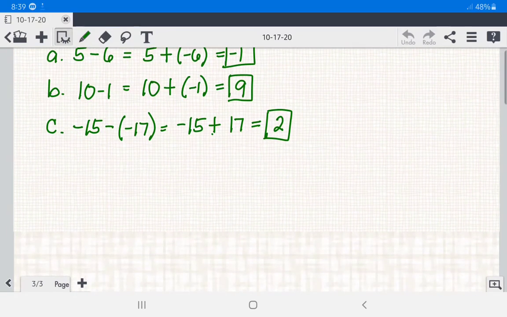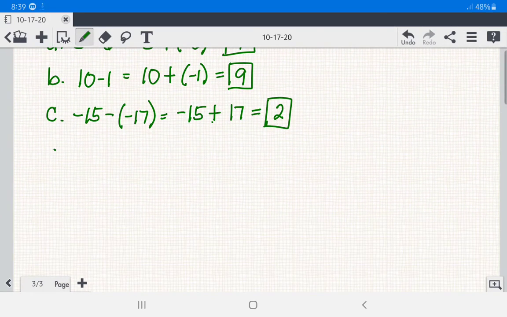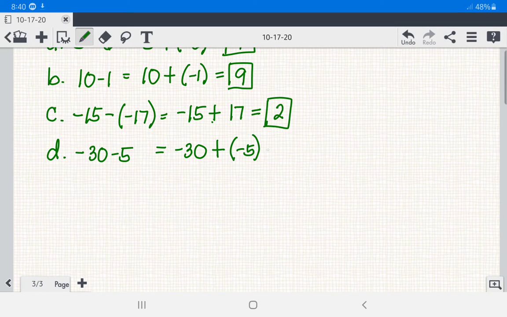Next, for letter D, let's say we have negative 30 minus 5. Okay. So, copy negative 30. Then, plus. This is positive 5. Change it and then make it negative 5. So, get the additive inverse. So, that is negative 5.